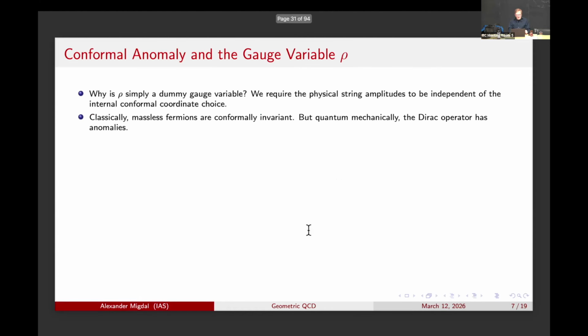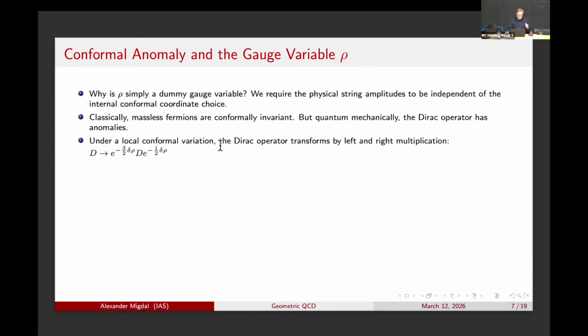And how do we prove that this rho is a gauge variable? Very simple. You try to eliminate it. You make a transformation. You have this Dirac operator, and rho is involved there, and then you find out that exponential of rho multiplies the Dirac operator on both sides.